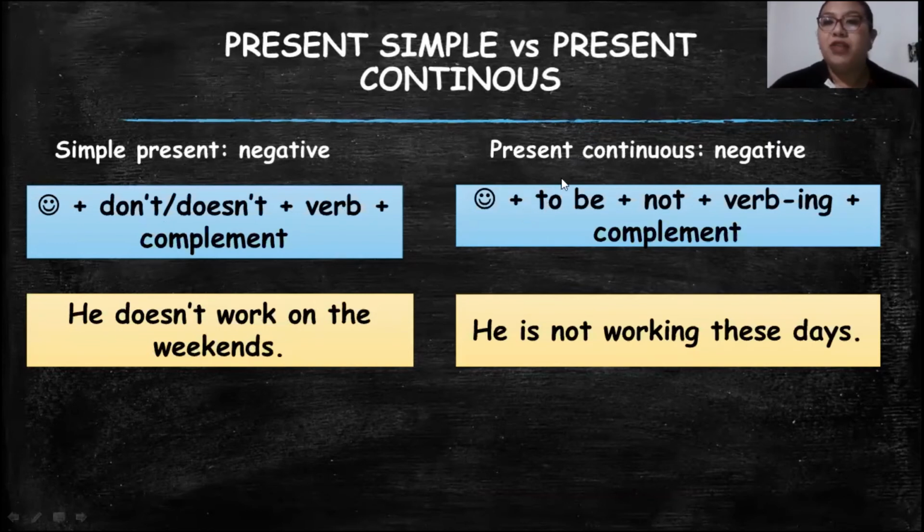Now, in present continuous, to make a negative sentence, I need to use the subject, the verb to be, not, the verb with ing, and the complement, okay? Remember that we can make some contractions here. For example, I have he's not working these days, but we have another option, he isn't working these days, or he's not working these days, okay?